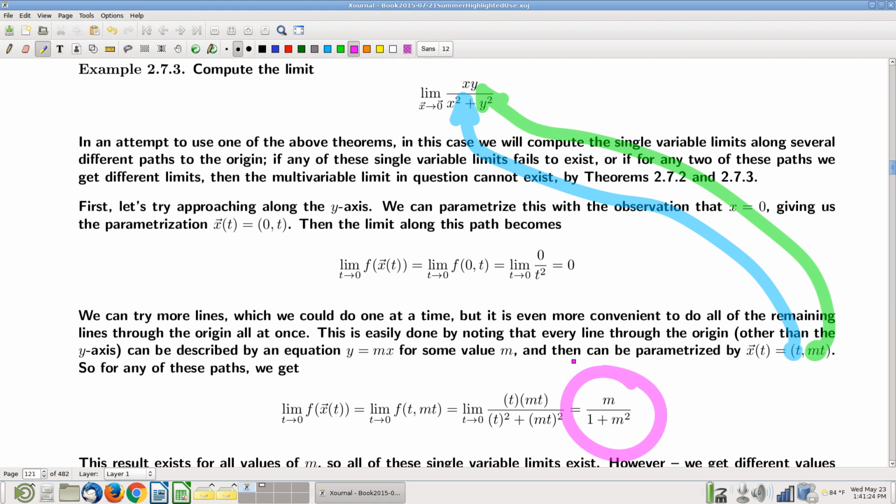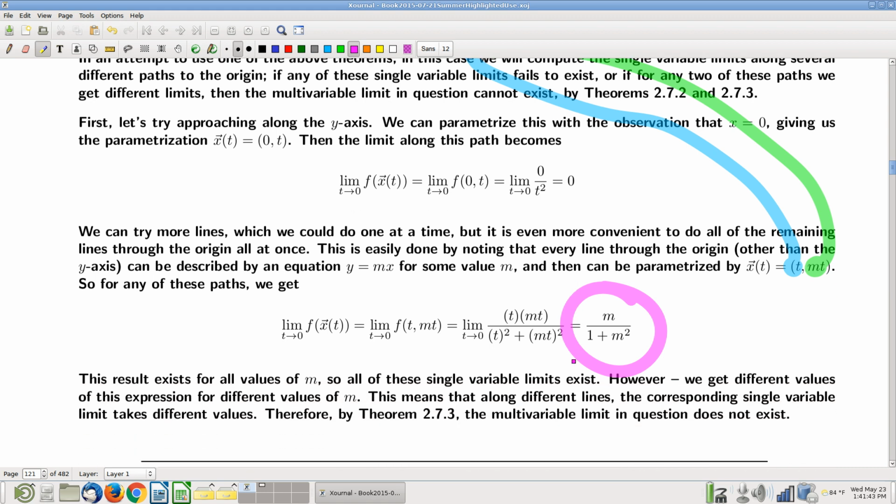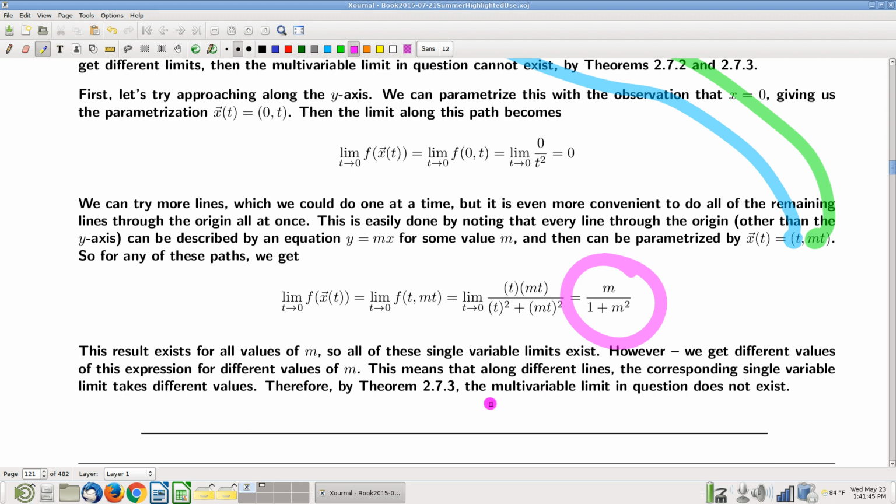If m is 10, or any different value of m, you get a value of this limit. And very importantly, note that these are different. Depending on m, this expression takes different values. So along different straight lines, we're getting different answers. This limit does not exist. The multivariable limit does not exist. Everybody on board?